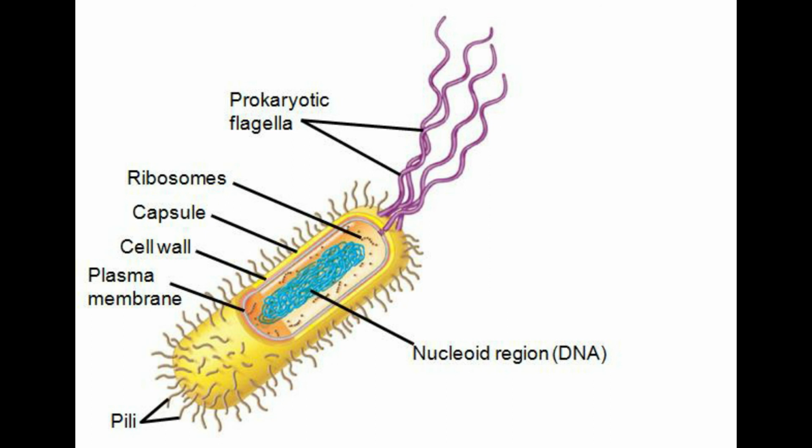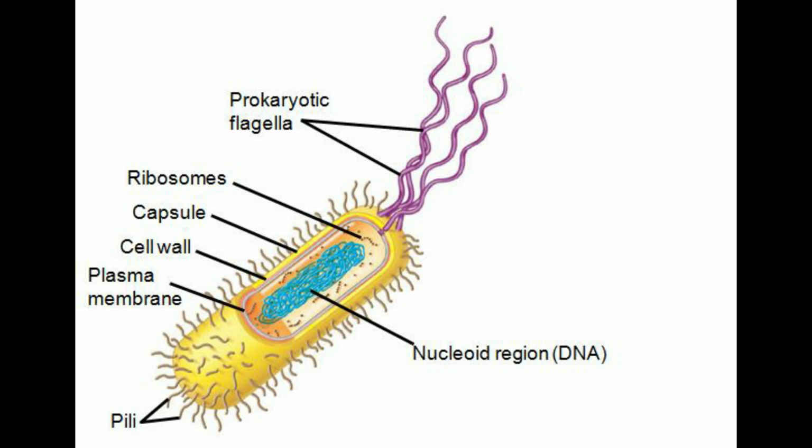Other prokaryotic cells can have a number of different parts such as cilia and flagella to help them move around. While these structures are similar in function to those found within eukaryotes, they often have a different structure.